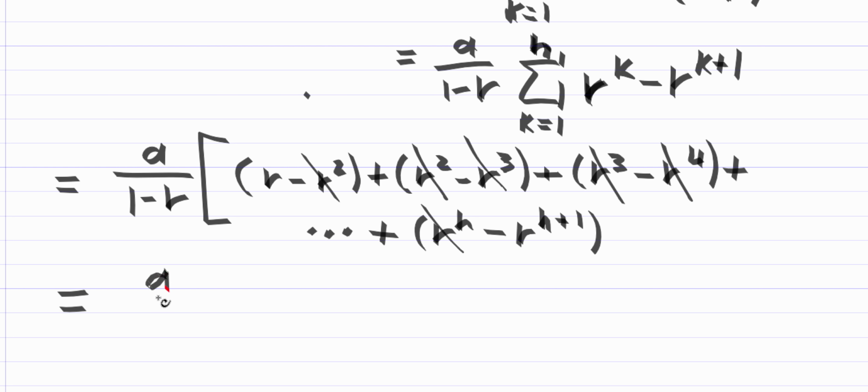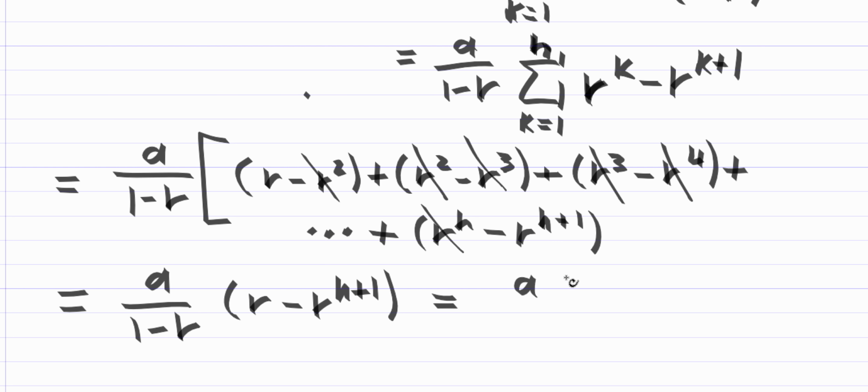So this will be equal to a over 1 minus r times r minus r to the n plus 1, which is equal to a r over 1 minus r times 1 minus r to the n.